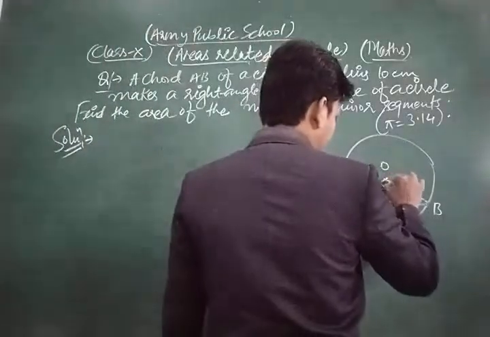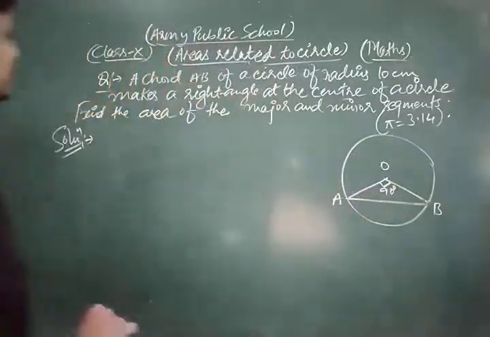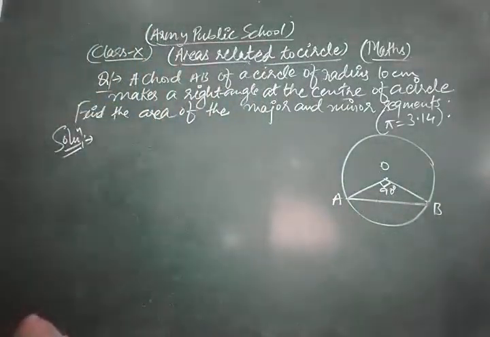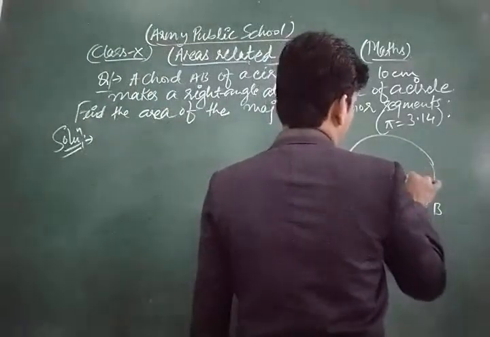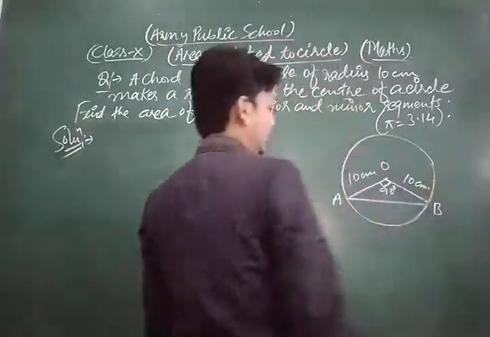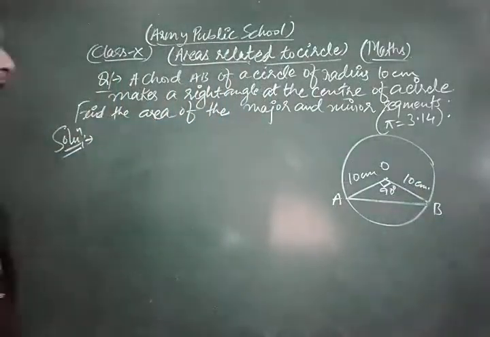Right angle is 90 degrees. And the radius of the circle is 10 centimeter, means OA and OB is equal to 10 centimeter respectively, and we have to find the major and minor segment.